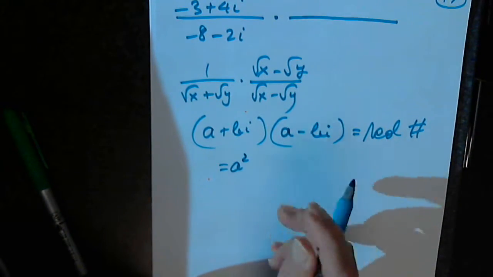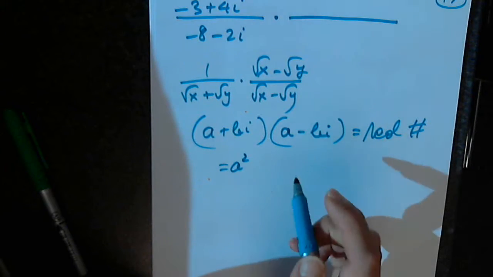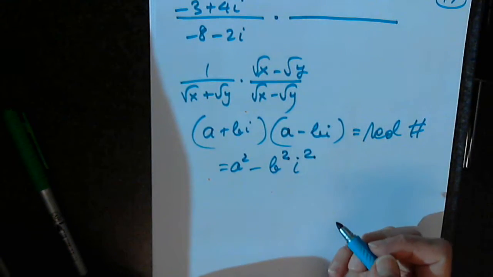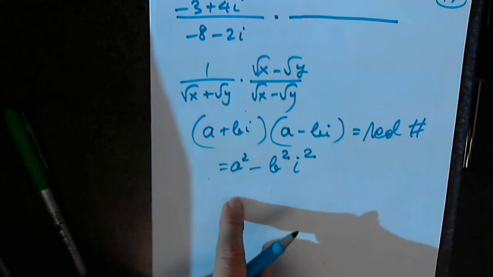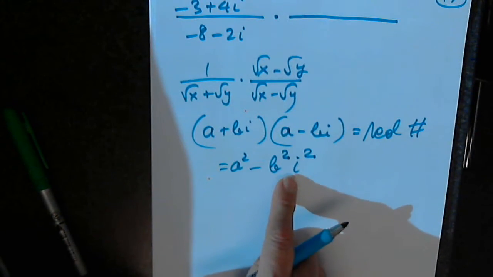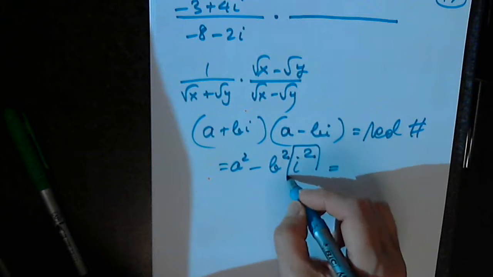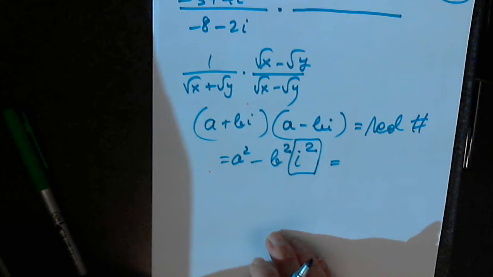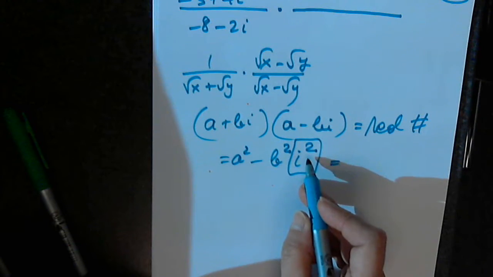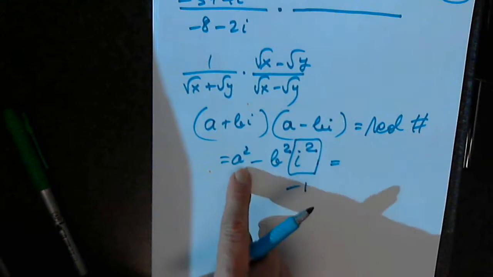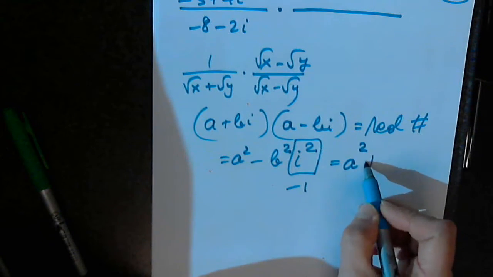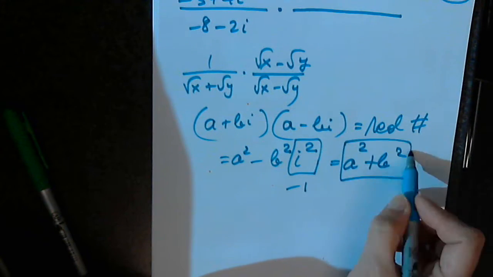a squared, it has to be minus, right? It has to be b squared, and it has to be i squared. First term squared minus the second term squared. So then I know what i squared equals. i squared is negative 1. Negative b squared times negative 1 is plus b squared.